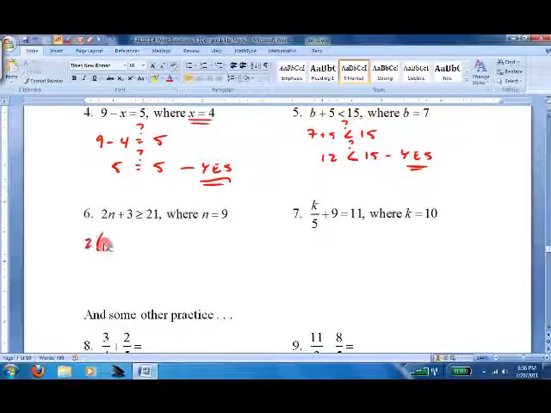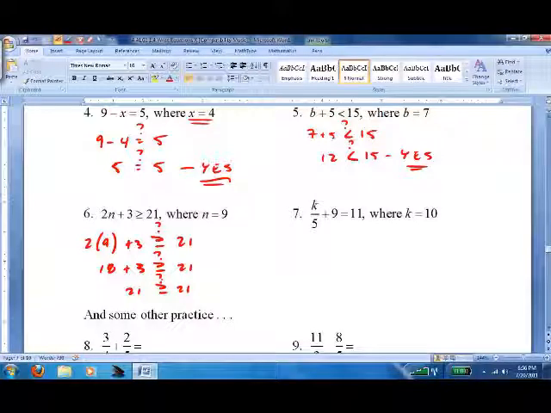So 2 times 9 plus 3, greater than or equal to 21? 18 plus 3, greater than or equal to 21? 21 is greater than or equal to 21. Well, actually, that is correct, because it's greater than or equal. If it was just greater than, it would be incorrect. But this is also a yes.